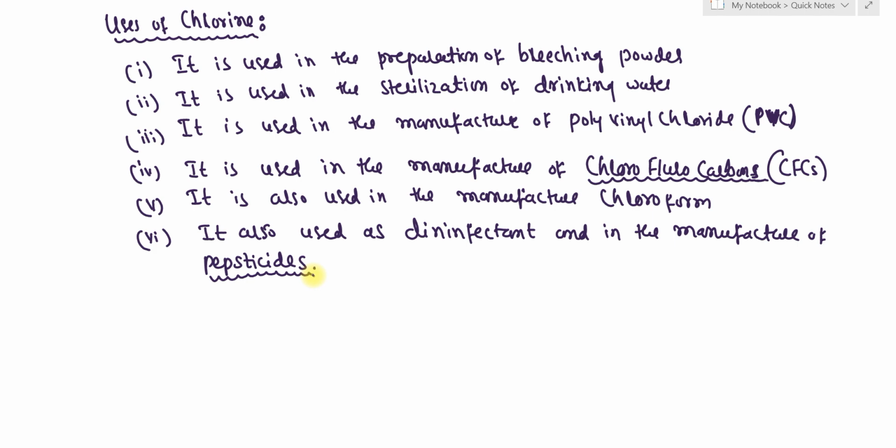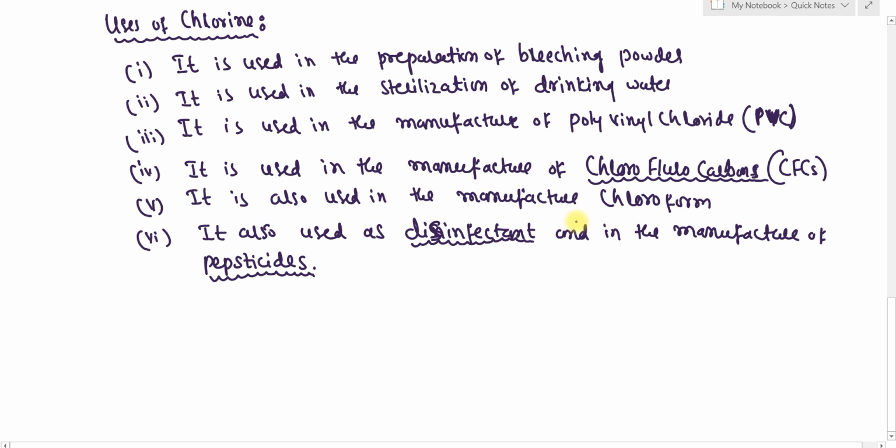That gas is nothing but chlorine gas. That chlorine gas has the capacity to kill all the germs which are responsible for bringing many diseases. So the chemical substances which are used to kill germs are called disinfectants. So chlorine gas is used as a disinfectant and in the manufacture of pesticides. These are all the applications or uses of chlorine gas.